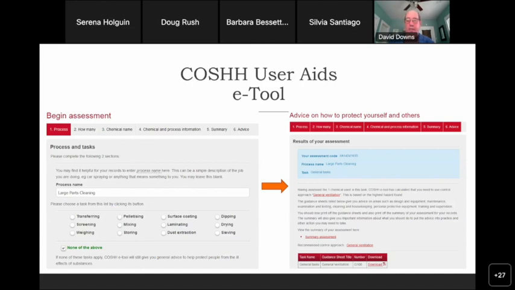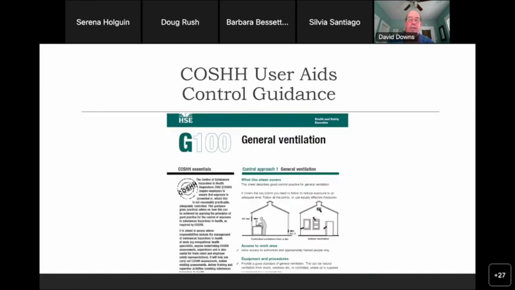And then there's actually a general ventilation guidance sheet that gives you some basic information about general ventilation. So these are nice tools, even if you're not using the process or doing the banding part of this thing. If you've got situations that apply here, there's some information that comes into play.